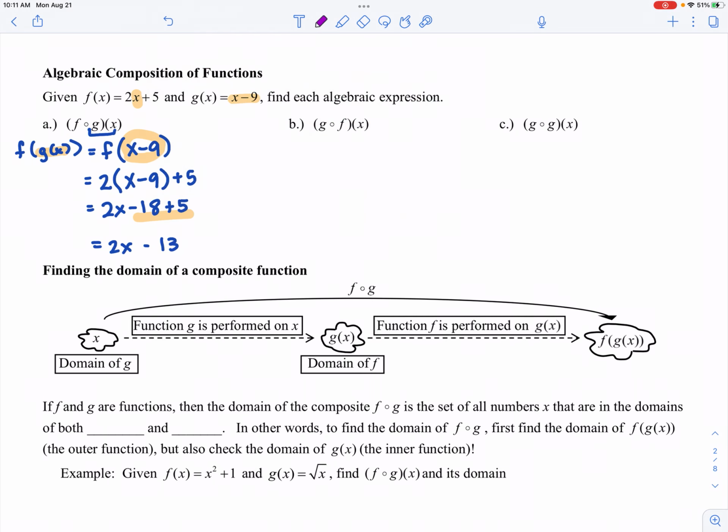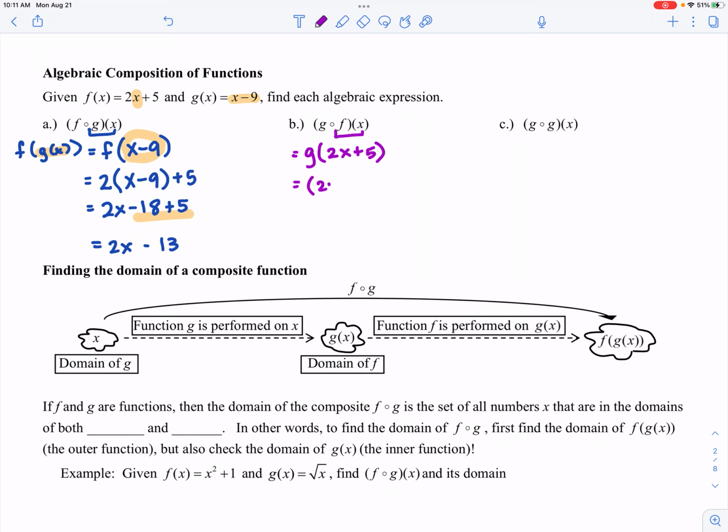Next, we have g of f of x. Again, we're probably not going to get the same answer. So we do our first function, our f of x. So this f of x goes inside of the g of x. Our g function is x minus 9.